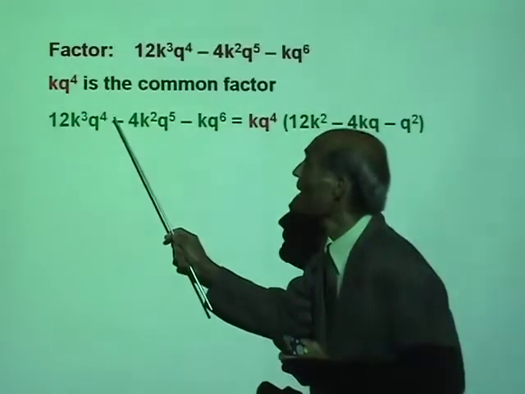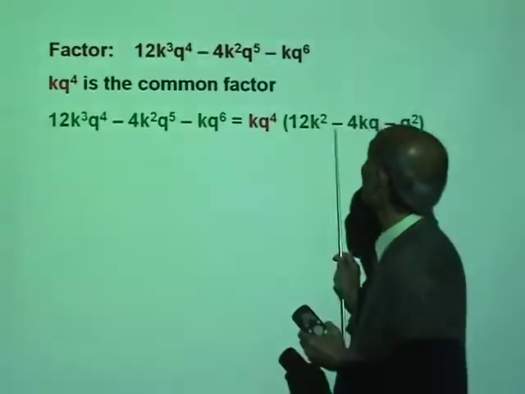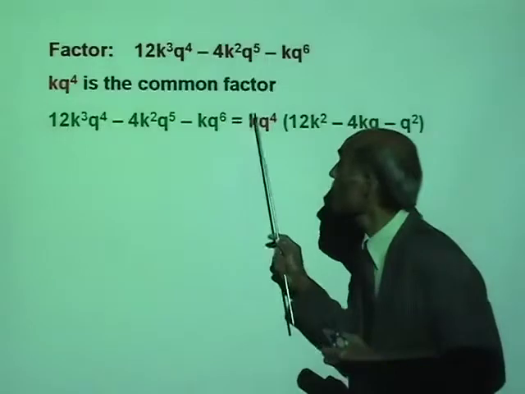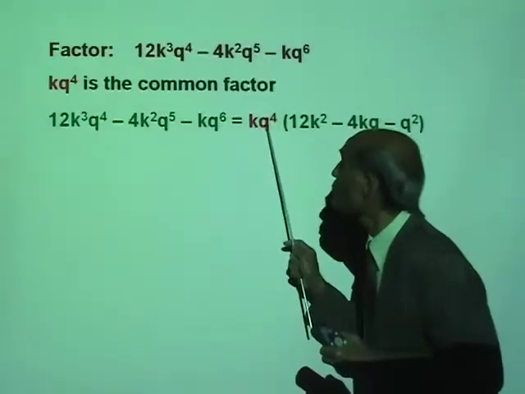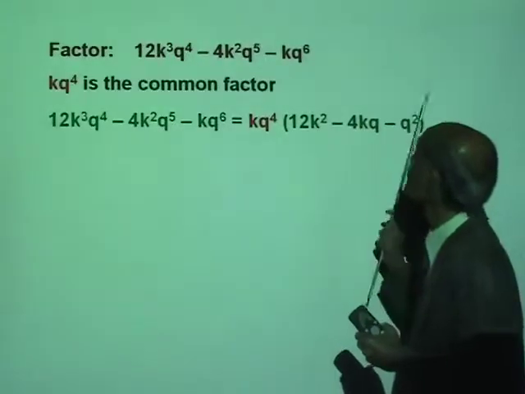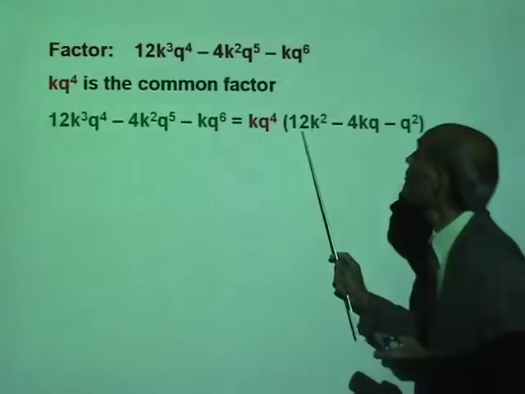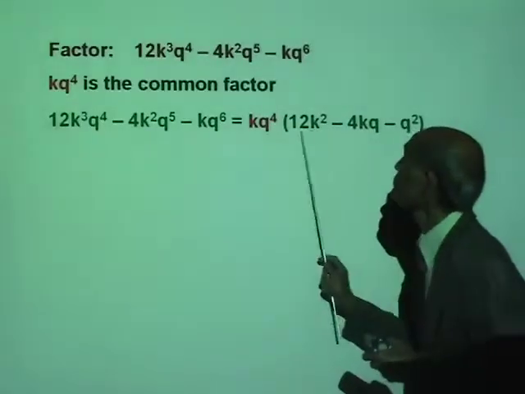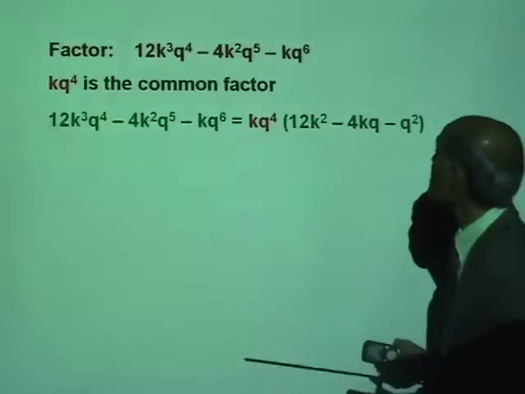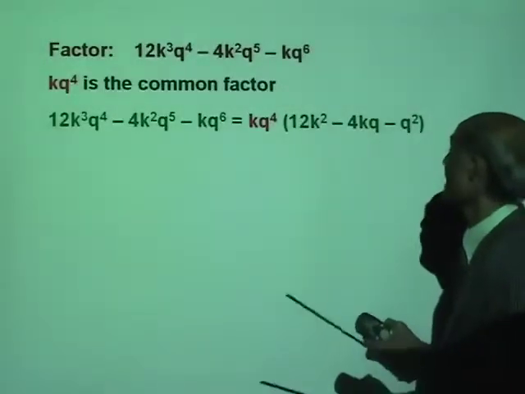What is left there is a minus 4k cubed. There you are. From the last term, we pulled out a k q to the power of 4, leaving a minus q squared. Alright? We now factor the trinomial 12k squared minus 4k cubed minus q squared.